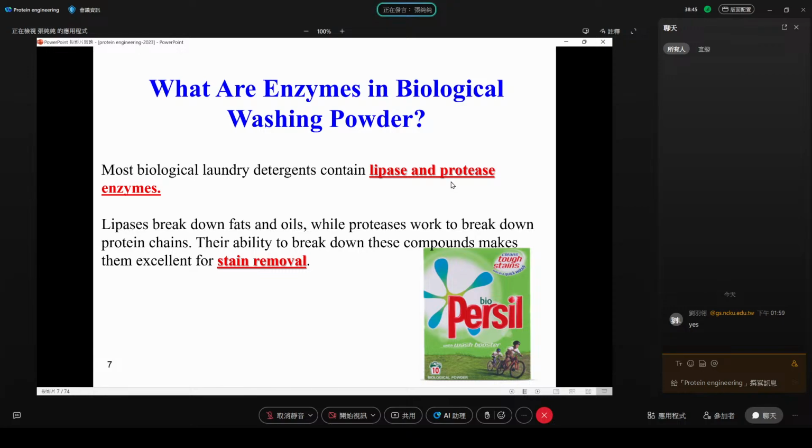They contain a lot of different lipases and proteases that work together with the detergent to remove all the blood stains, ink, everything, because they are very powerful at digesting protein. So they are very powerful at digesting all the blood, ink, and oil contaminated on your clothes.